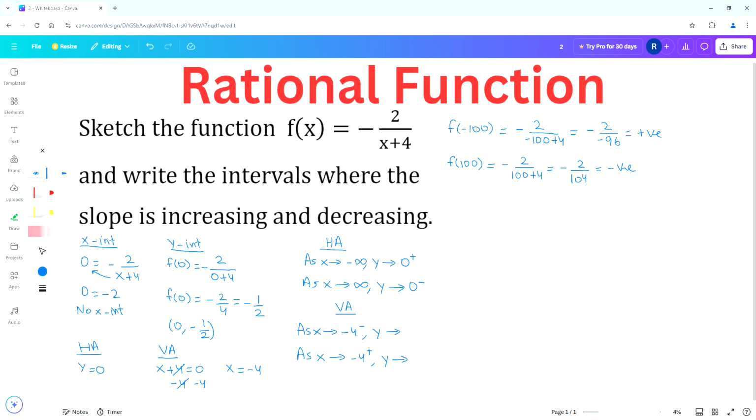We should use an x value very close to -4, but on its left side, we can use x equals -4.01.